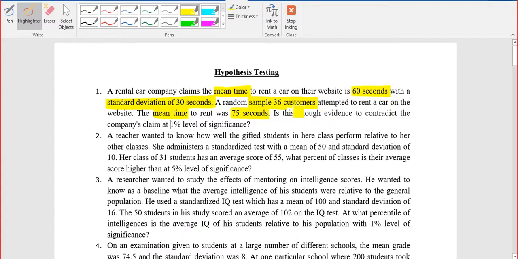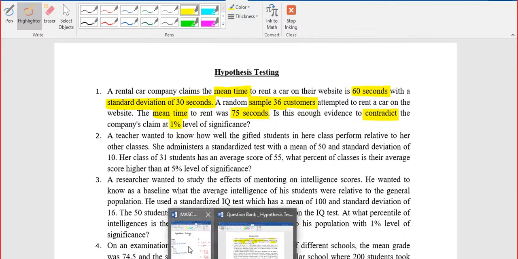Now, what is next? Is this enough evidence to contradict? We need the keyword which will help us to prepare the alternative hypothesis. Is this enough evidence to contradict the company's claim at 1% level of significance?